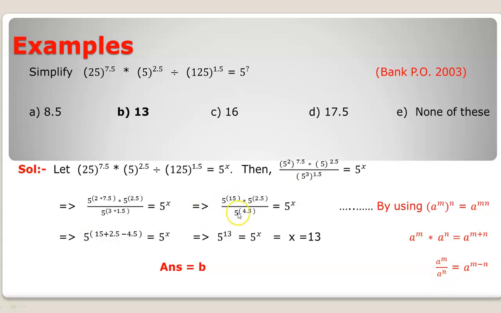So all bases are equal. That's why using this law, 5 raised to 15 plus 2.5 minus 4.5 is equal to 5 raised to x, which implies that 5 raised to 13 is equal to 5 raised to x. Again the bases are the same, so comparing the powers, x is equal to 13 and answer B is the correct option.